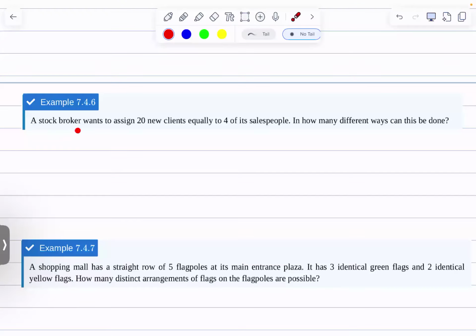A stockbroker wants to assign 20 new clients equally to 4 of its salespeople. In how many different ways can this be done? What that means is, let's call these 4 salespeople A, B, C, and D. What that means is each of these people gets 5 clients, right?